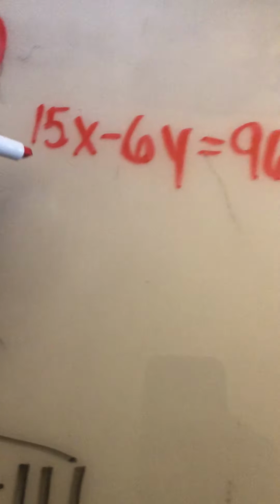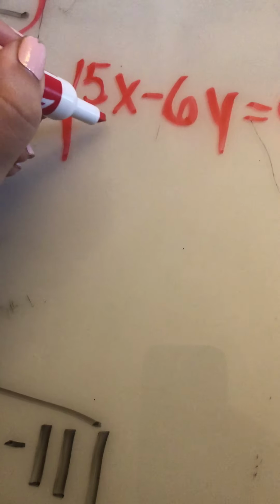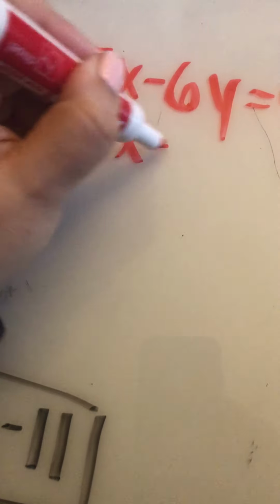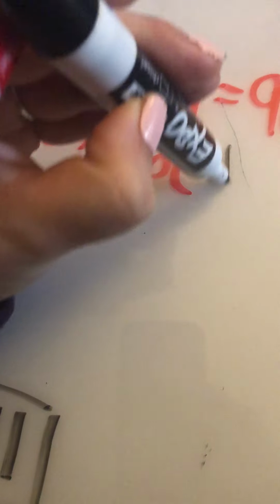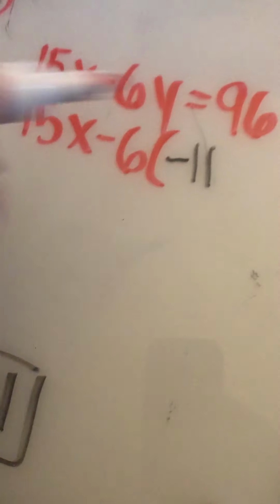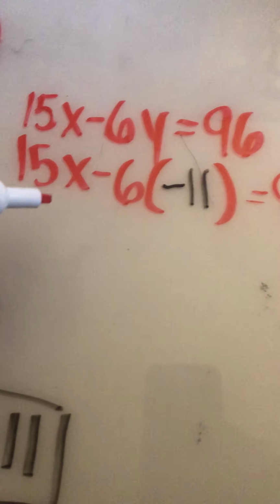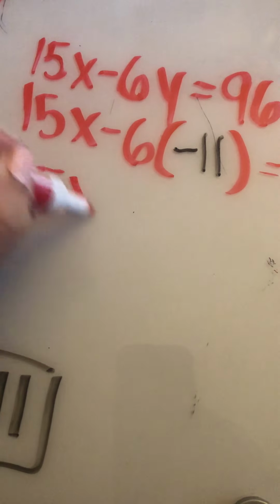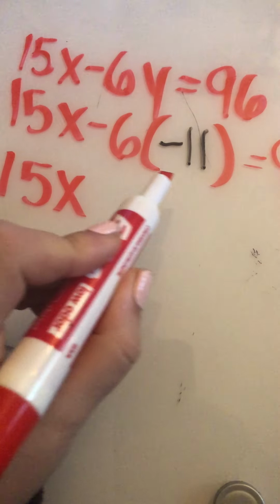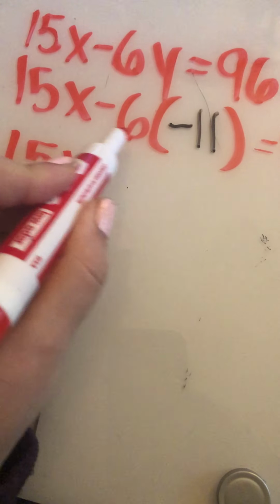Okay, and then I'm going to rewrite it. So 15x minus 6 times y, which was negative 11, so negative 11, equals 96. And now we just solve for x. So I got 15x. Then this is negative 6 times negative 11. Be careful with these signs, guys.